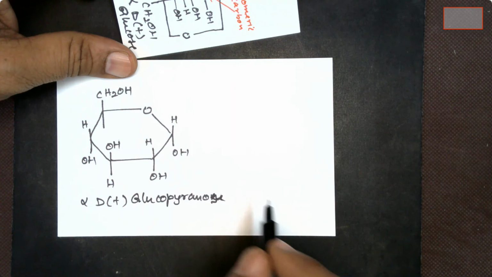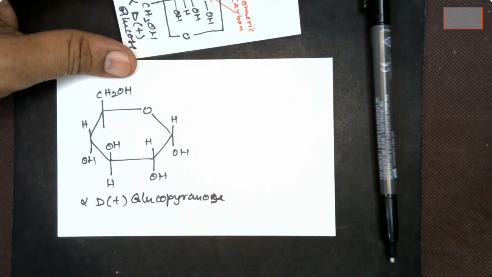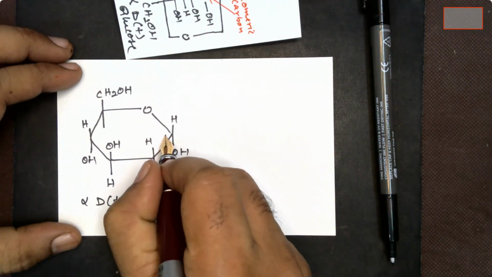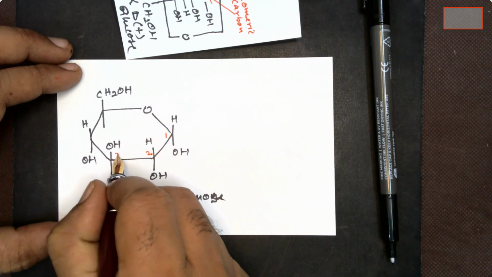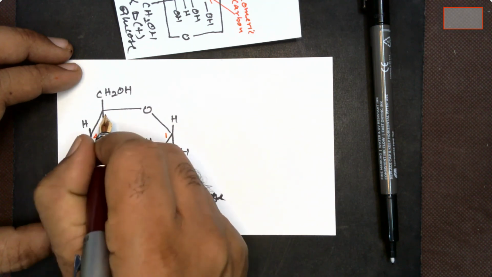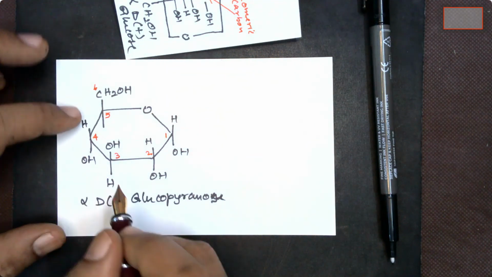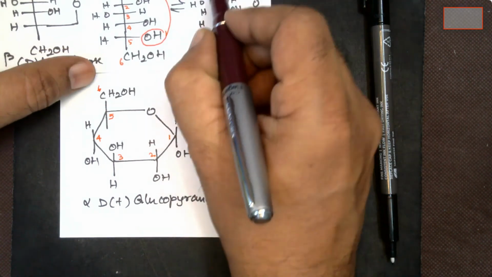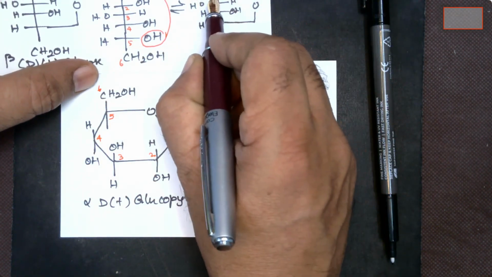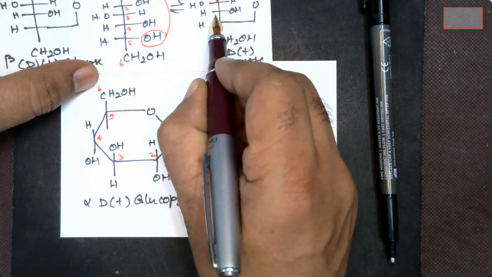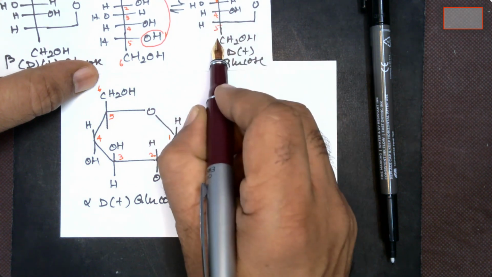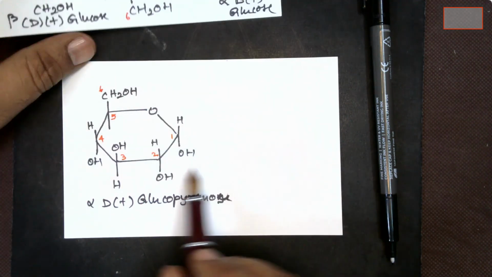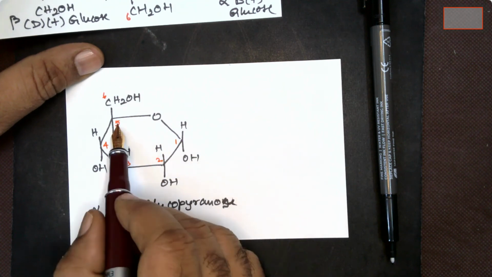Yes. Okay. So here let me count the number of carbon atoms also. So this is the first carbon, second carbon, third carbon, fourth carbon, fifth carbon. Now you got the sixth carbon outside the ring. And now look at this, this is the first carbon, second carbon, third carbon, fourth carbon, fifth carbon, sixth carbon. So there is a link between the first carbon and the fifth carbon. And the hemiacetal is formed between the first carbon and the fifth carbon.